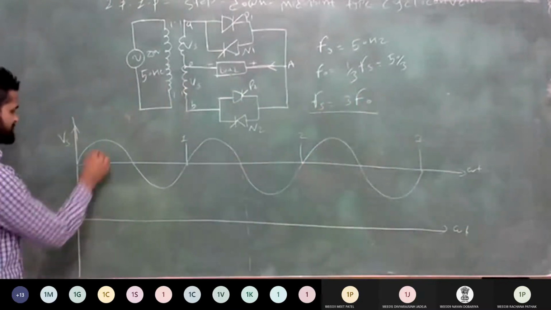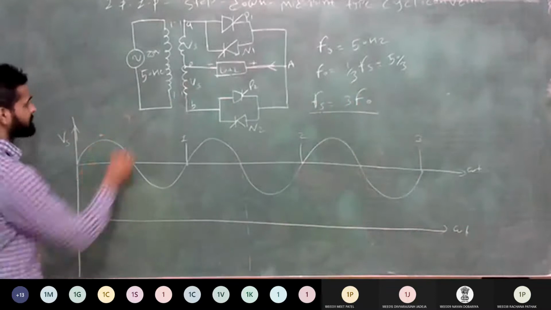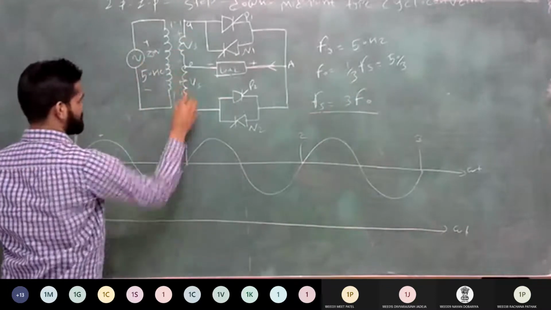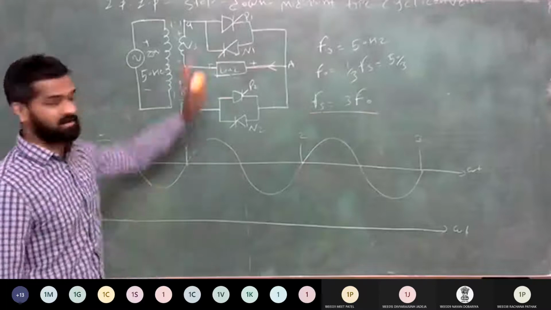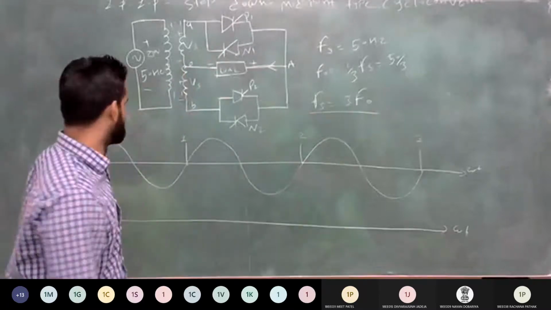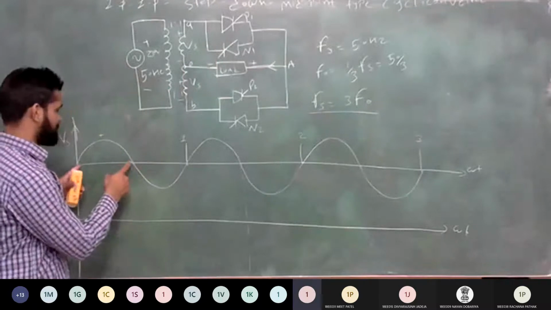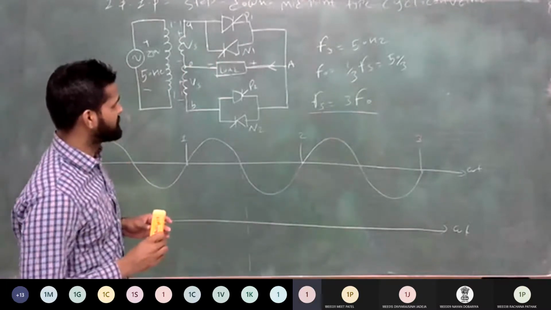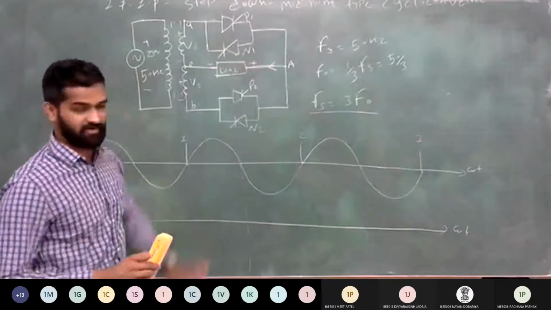So now tell me, for the supply voltage positive, here is positive, here is negative, which thyristor comes into forward bias? P1 and N2, yes, very good.